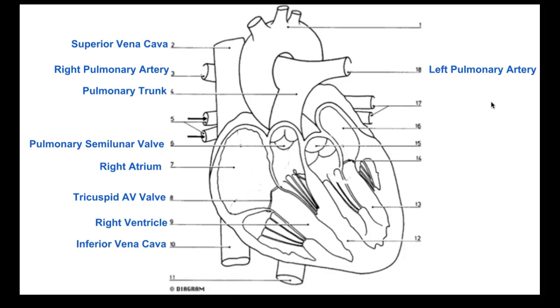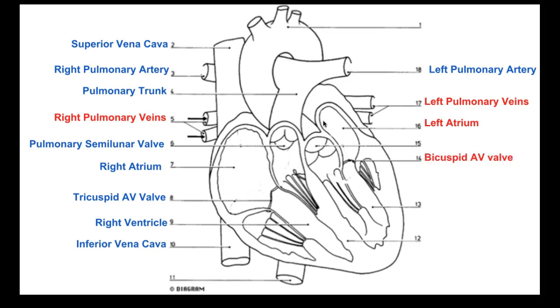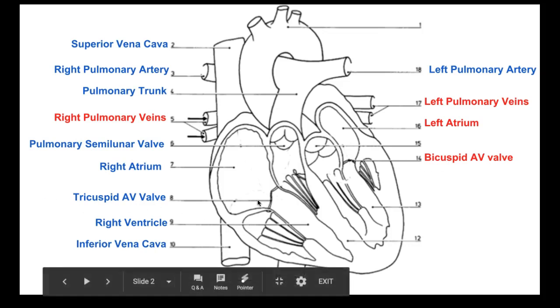So now it's coming back to our heart through these vessels right here, number 17, the left pulmonary vein and the right pulmonary vein, which lead into this structure right here, number 16, which is the left atrium. Once the atrium walls contract, they're going to go through the bicuspid AV valve. This one only has 2 flaps, so we call it bicuspid, bi means 2, and then tricuspid on the other side back there was because there's 3 flaps on this one.